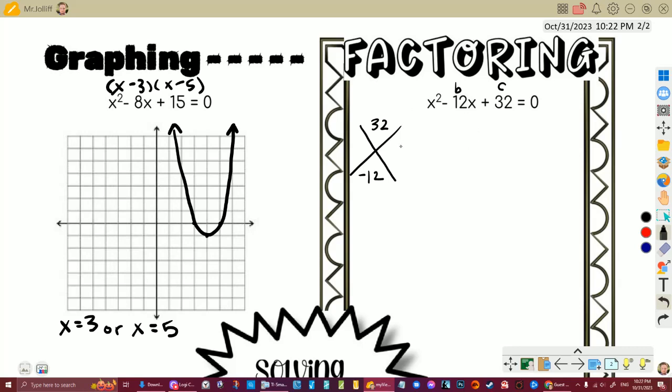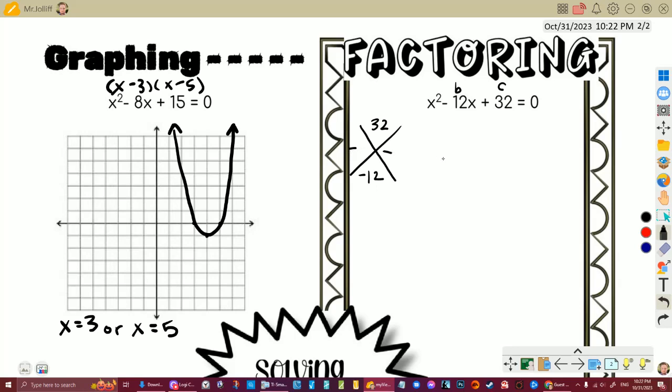And then we're looking for numbers that multiply to 32 and add to negative 12. And because 32 is positive, I know these signs are the same. And because the bottom's negative, I know they're both negative.